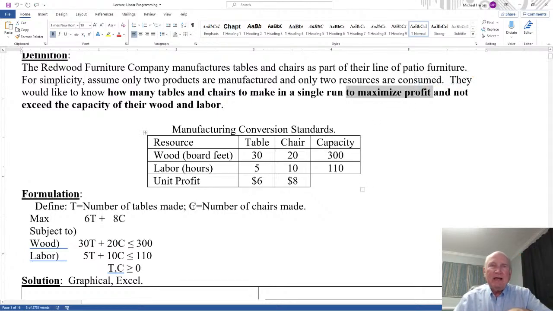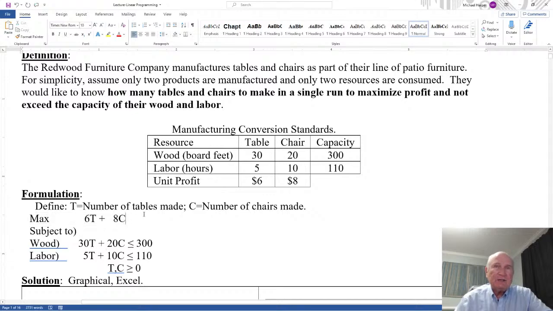Okay, to maximize profit, well, every table gives me $6 profit here. And every chair gives me $8 profit. So if I have 6T and 8C and multiply that, that's going to be giving me my total profit. I want to maximize my profit. So that right there represents my business question of maximizing profit.